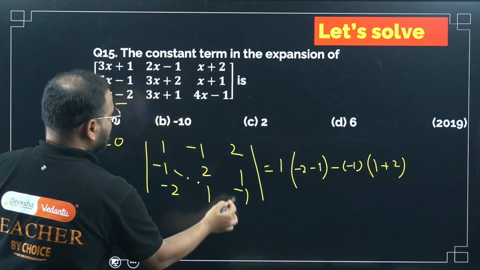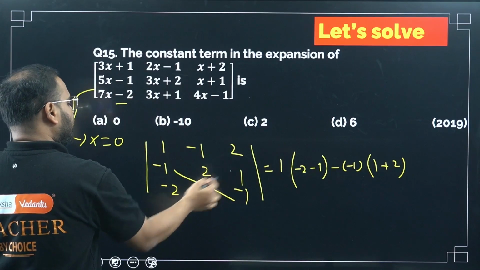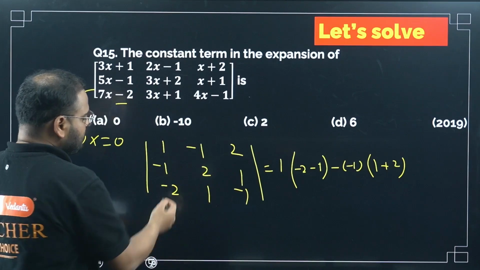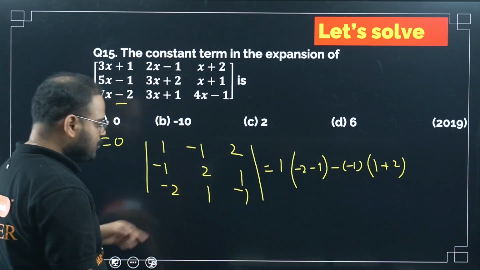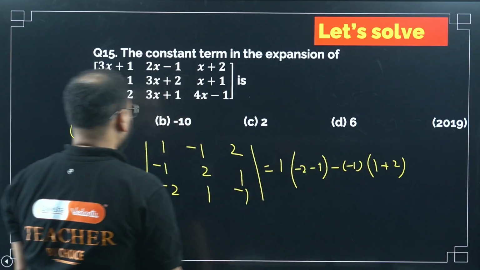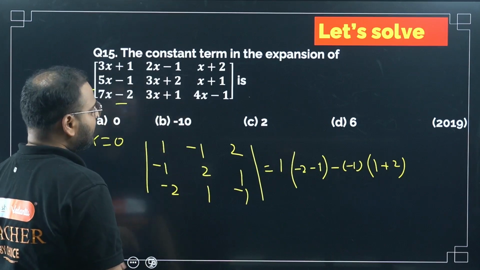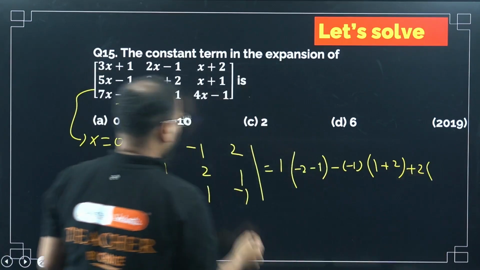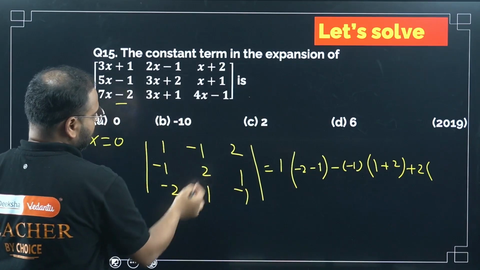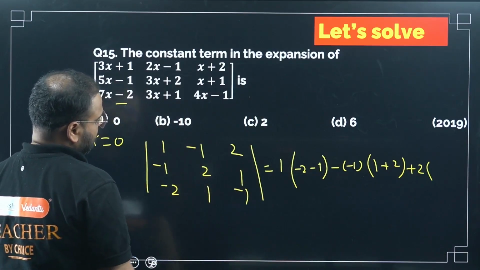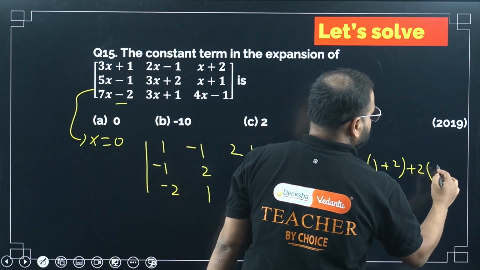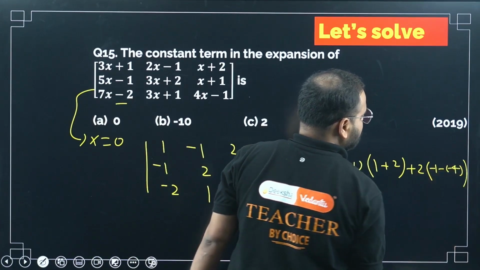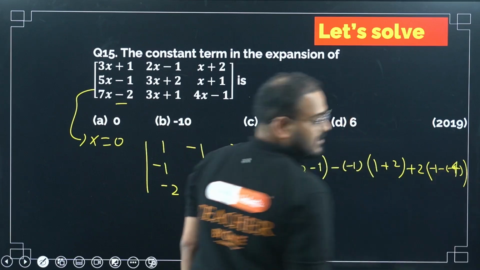Minus 1 into minus 1 is 1, and this will be minus 2, so it becomes plus 2. Minus 2 into 1 is minus 2, then minus of minus 2 will be plus 2. What next? For this, 2 will be positive, so 2 times of minus 1 minus of minus 4. How much is that? Please check.